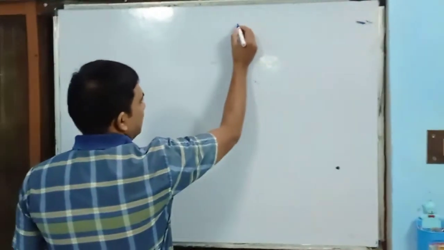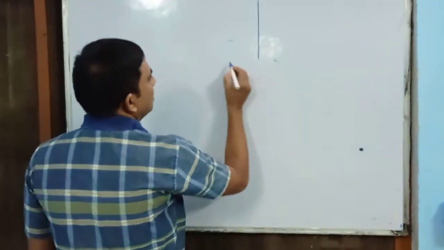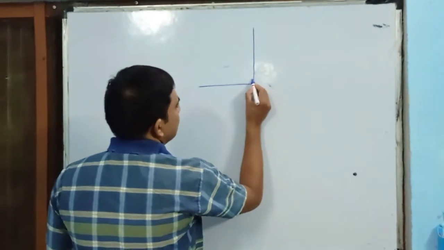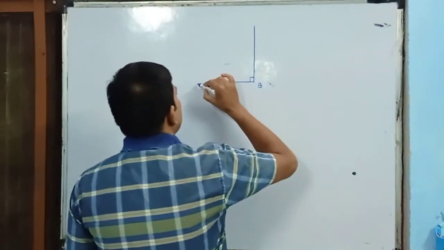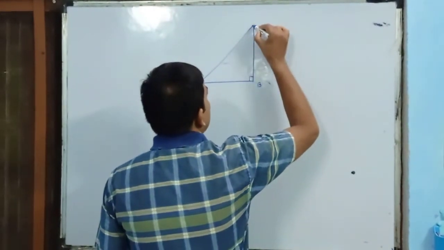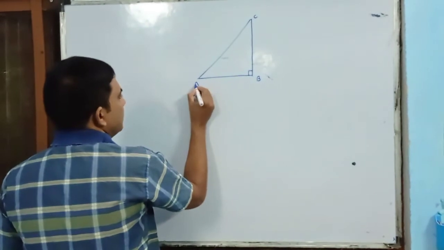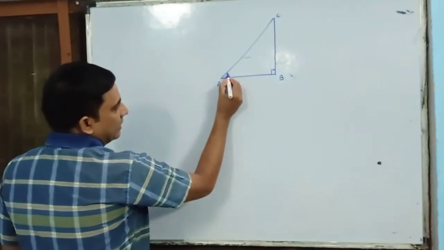So again, I am drawing a right angled triangle. It is a right angled triangle, and this is the right angle, and this point is C, this point is A. Suppose I am considering this angle.